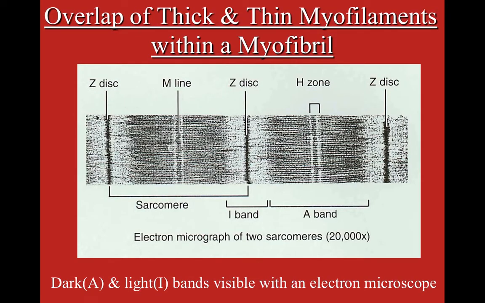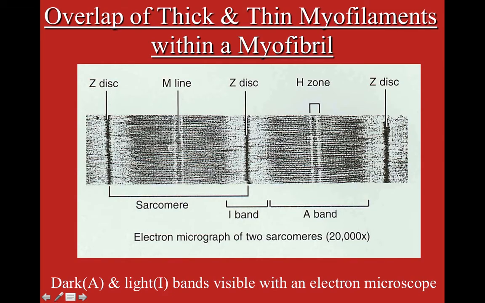Here's a microscopic image in black and white of the exact same thing that we were looking at: the overlap of thick and thin filaments within a myofibril. The dark bands are the A bands. So this is the A band, and this is where our thick filaments are. Then the light bands, these are the I bands, right in here, which are split down the middle by the Z disc.